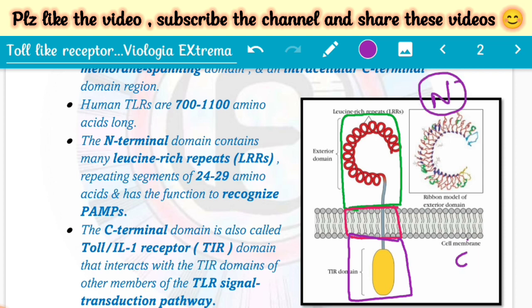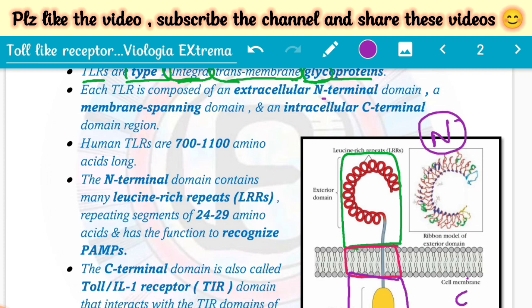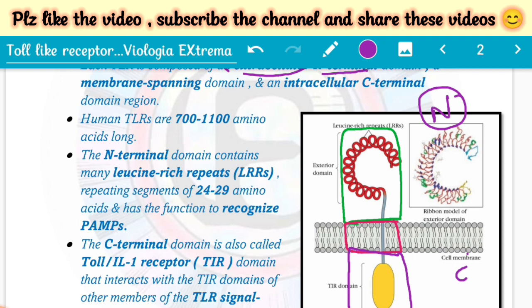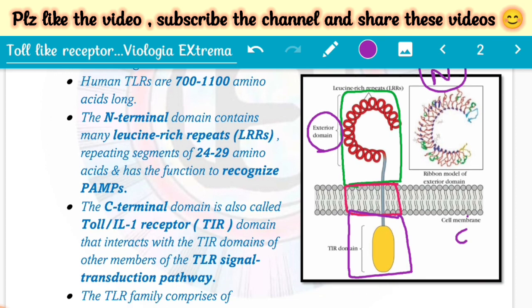The N-terminal lies in the extracellular domain, while the C-terminal lies in the intracellular domain. This is important, and this TLR is made up of 700 to 1100 amino acids.